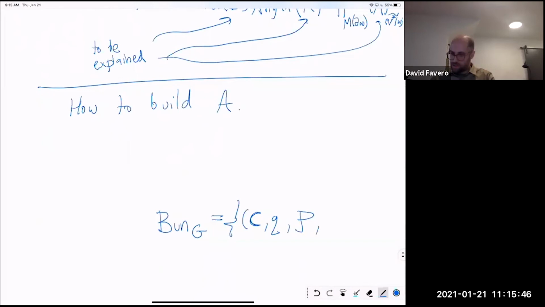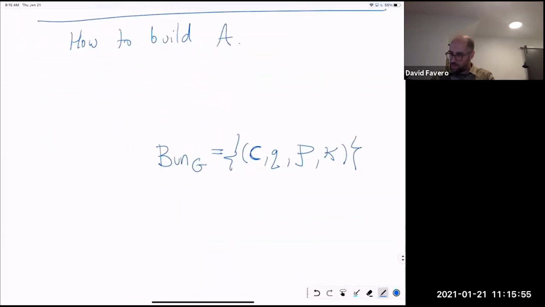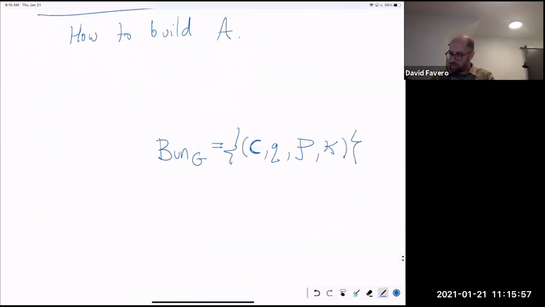So C is a curve. Q is R marked points. P is a principal G bundle.